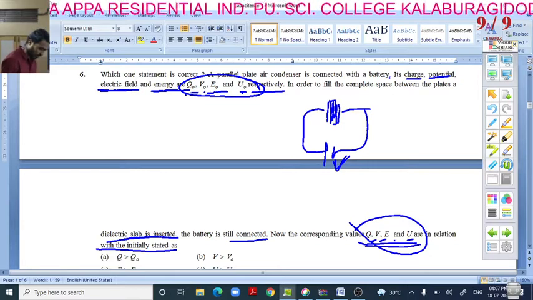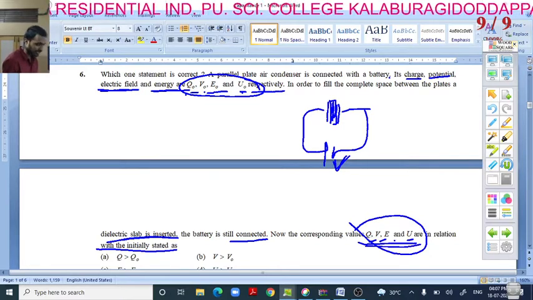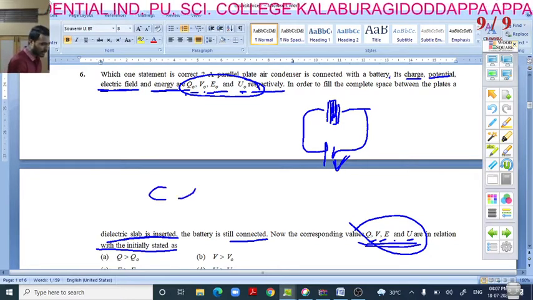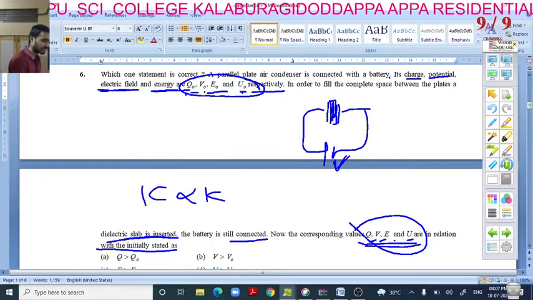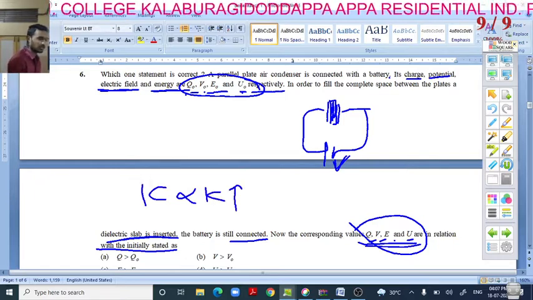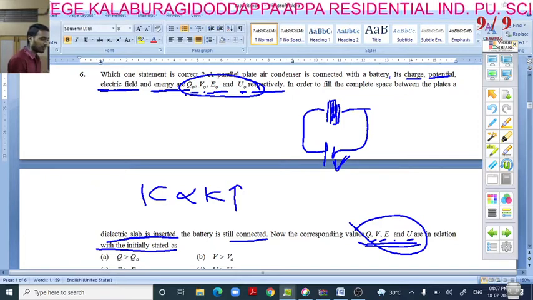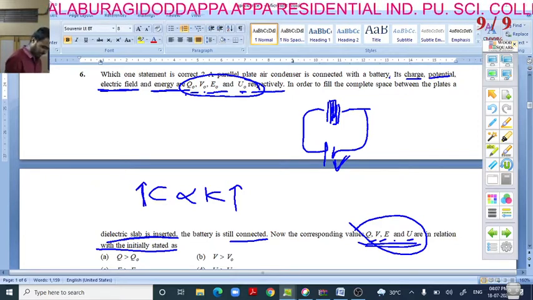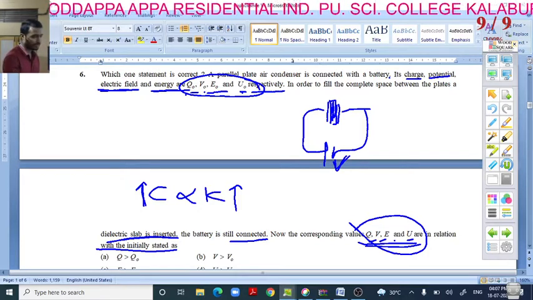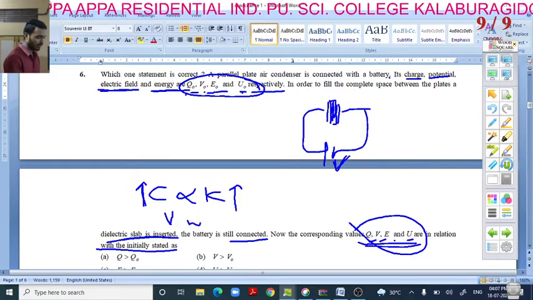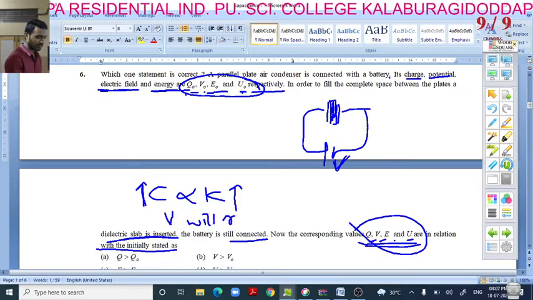Here, one thing you should remember: capacitance is directly proportional to K. Capacitance will increase as we insert the dielectric medium between the plates. The capacitance will increase. So the potential difference will remain the same. Potential will remain the same here.